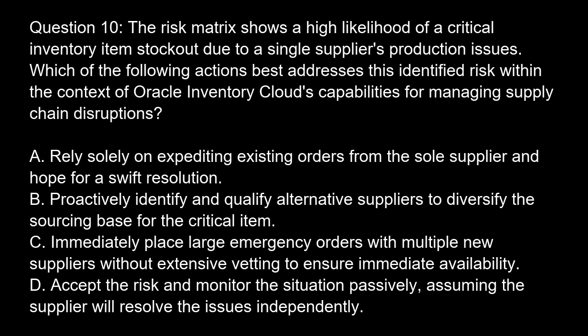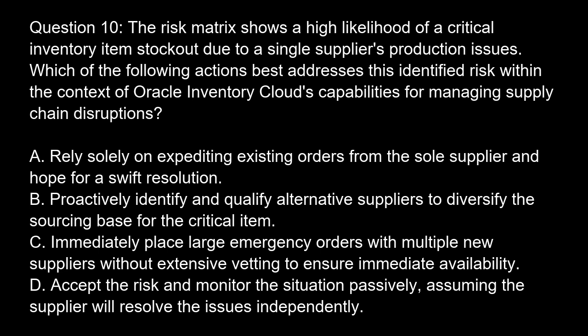Question 10. The risk matrix shows a high likelihood of a critical inventory item stockout due to a single supplier's production issues. Which of the following actions best addresses this identified risk within the context of Oracle Inventory Cloud's capabilities for managing supply chain disruptions? Option A. Rely solely on expediting existing orders from the sole supplier and hope for a swift resolution.